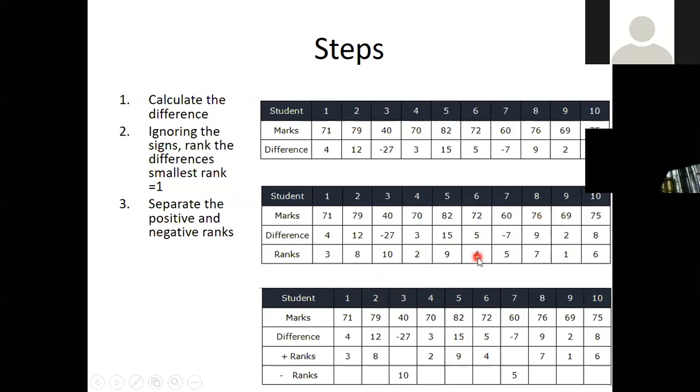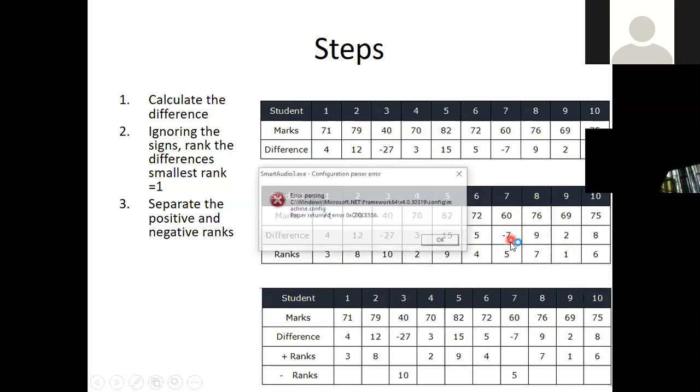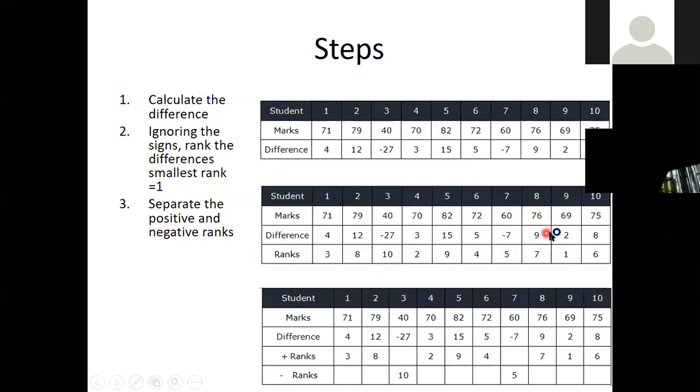The next is 7, you neglect the sign, that's number 5. The next is 8, that's number 6. The next is 9, number 7. The next is 12, number 8. Then 15 is number 9, and 27 is number 10. That's where you rank them.